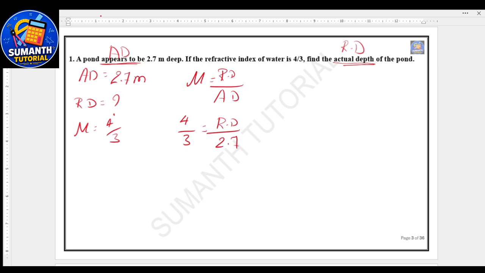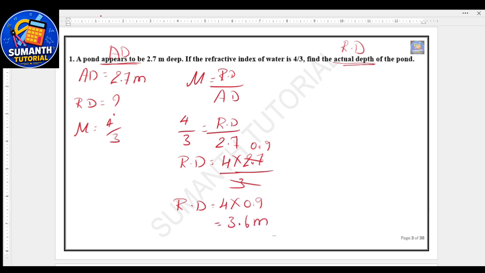Now cross multiply, and the value of the real depth is 4 into 2.7 divided by 3. 3 nines are 27, so it is 0.9. So the real depth will be 4 into 0.9, that is 3.6. 4 sixes are 36, it is 3.6 meter.